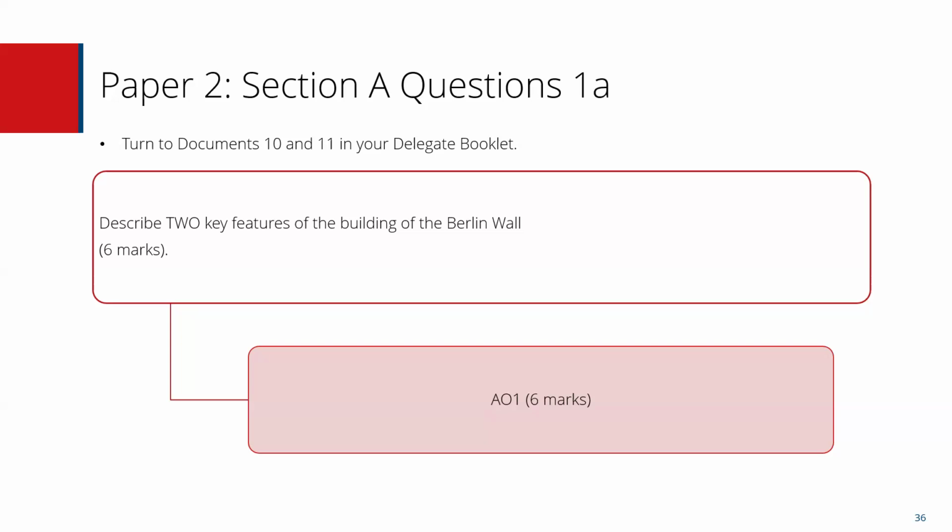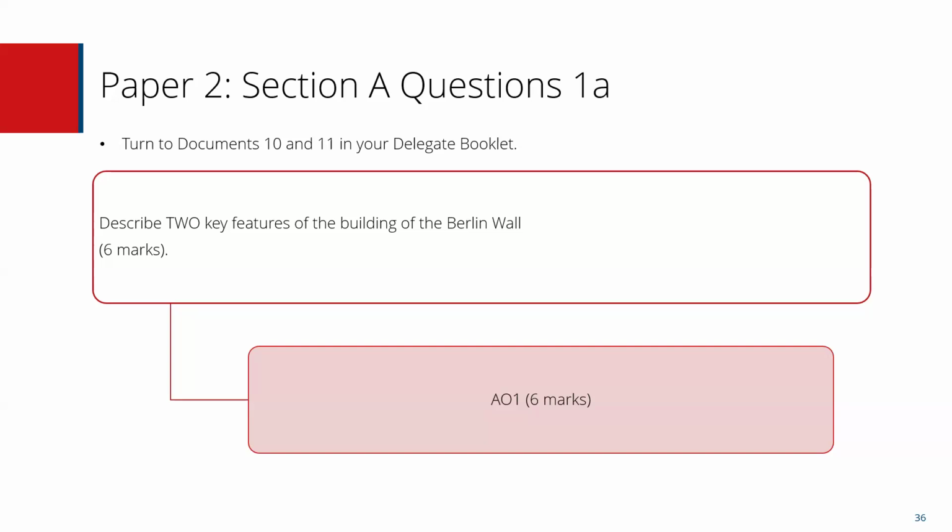Obviously level 1 is simple: the comment is valid, but it's just a simple statement. There's no supporting information, or if there is, it is extremely limited. Your level 2 answers are looking at what they're saying: have they identified a feature, and are they giving information about it?